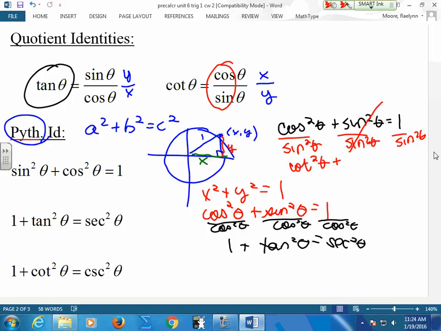This gives me 1. And this is my cosecant. Isn't that your third identity, off of the Pythagorean one. So I don't have to memorize anything. It's a Pythagorean identity. I draw a triangle, x, y, and 1. I figure it out. And then I divide by sine or divide by cosine.